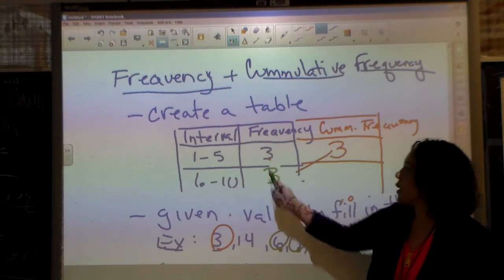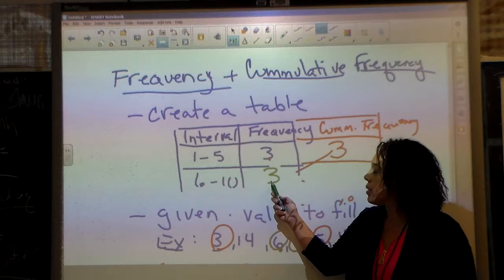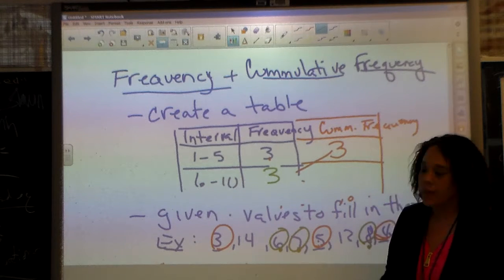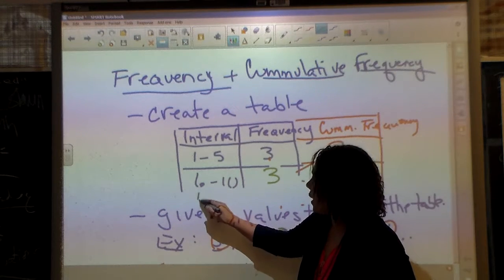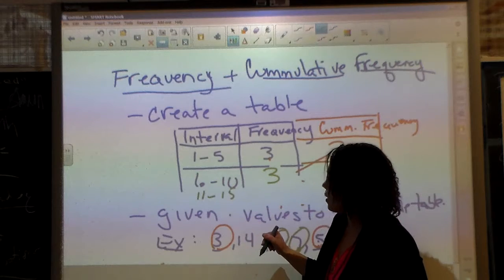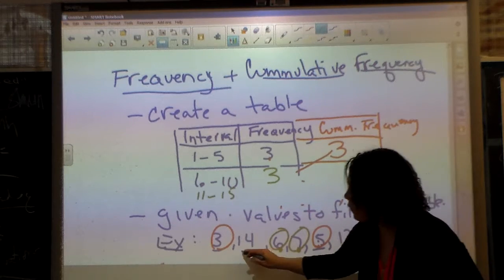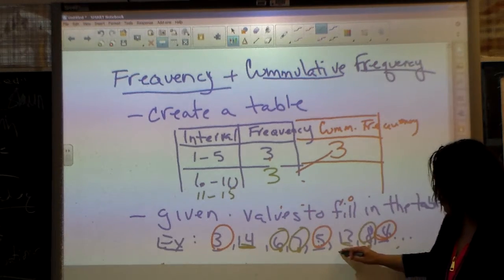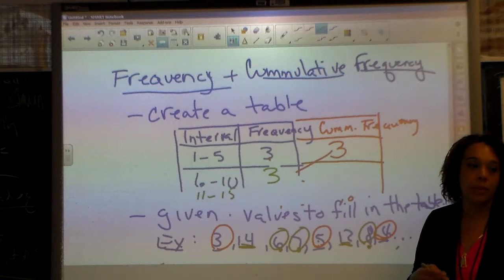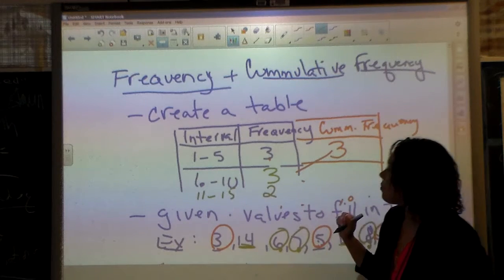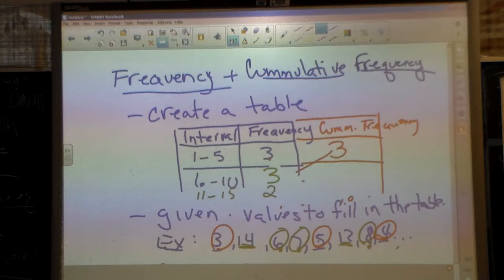So a frequency table will look like this. For an example, okay, I'm just going to add it in there. If I have 11 through 15 next, I would say, okay, I have a 14 and I have a 12, so that's 2 numbers for that category.